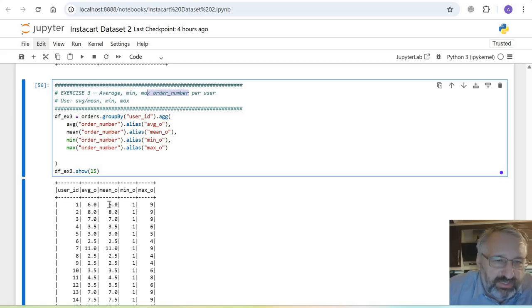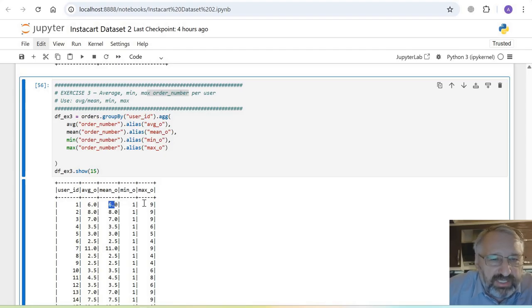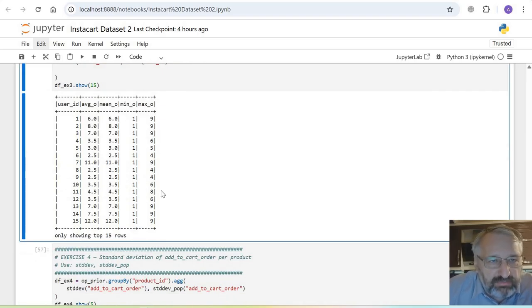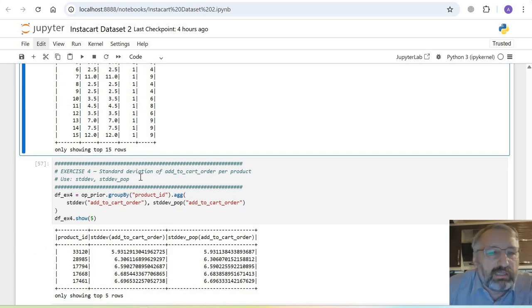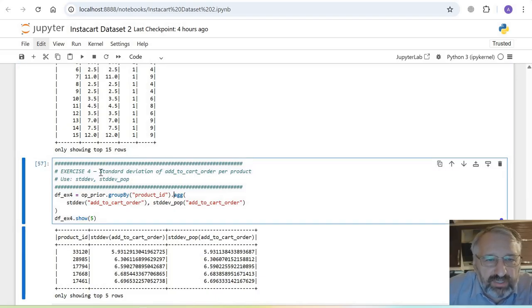So average is 6, mean is the same as average, min 0, max 9. So 6 is in the middle. So for each user we calculate this value. Not a very sensible exercise, just to demonstrate aggregate functions.